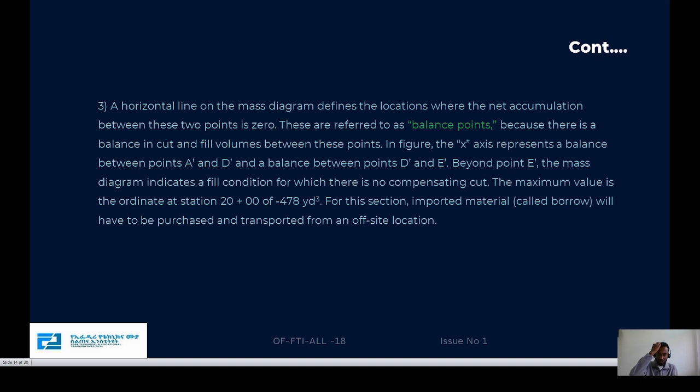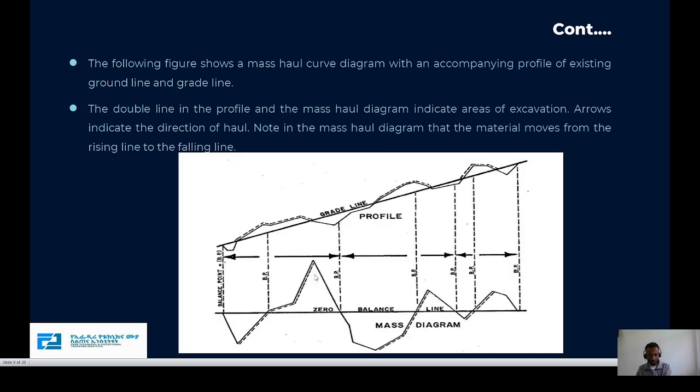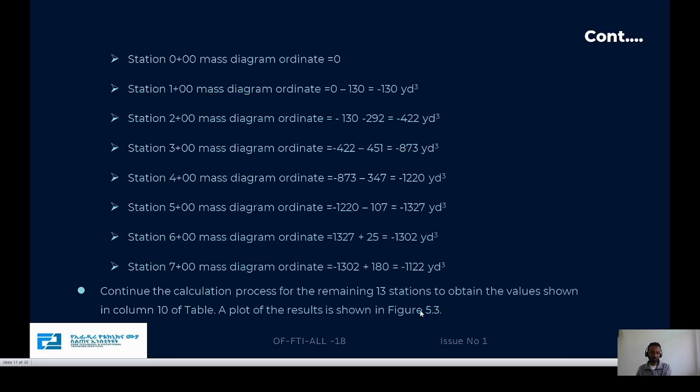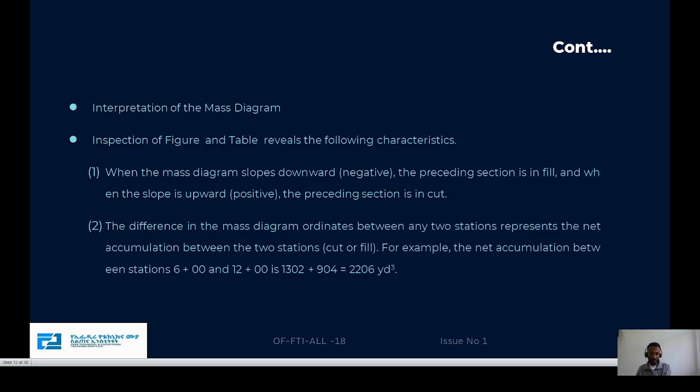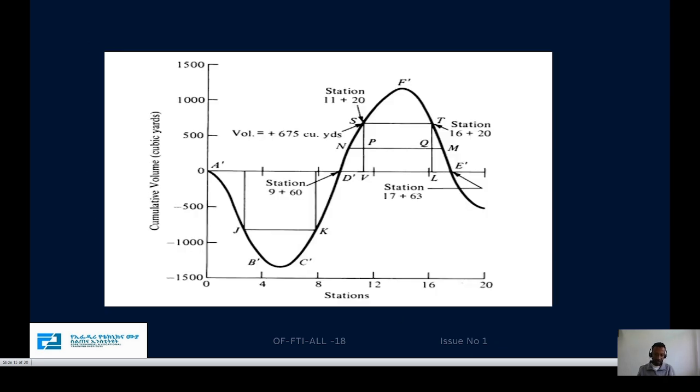The horizontal line on the mass haul diagram defines the location where the net accumulation between the two points is 0, so this one is a balance line. This one is a balance line. This one is a balance line.